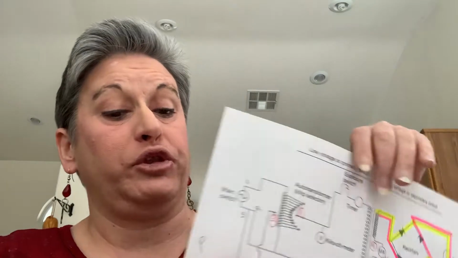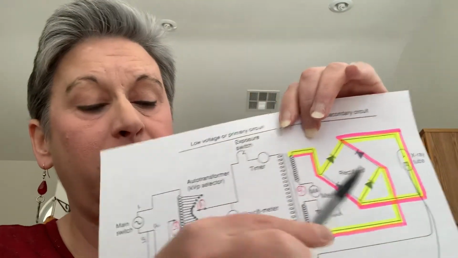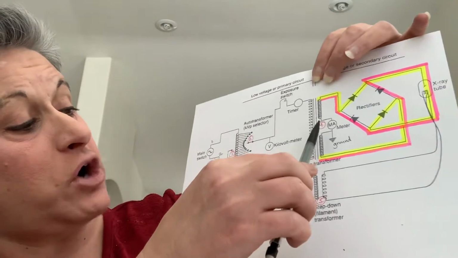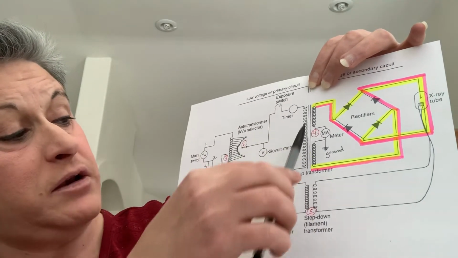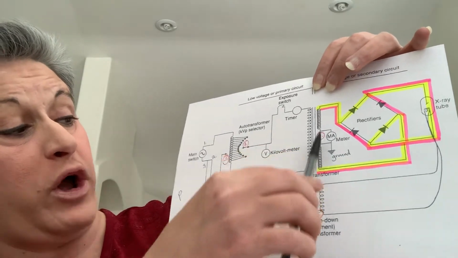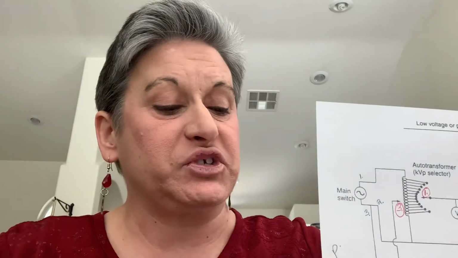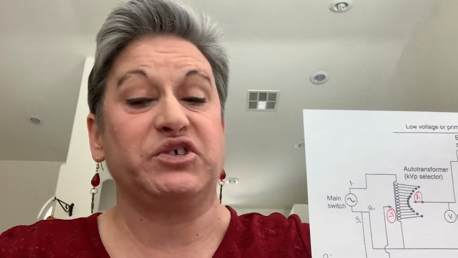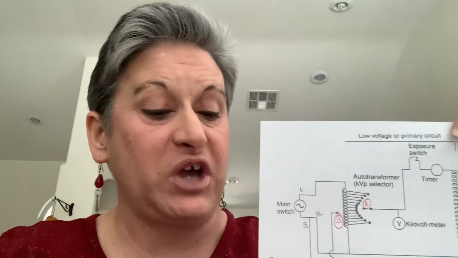So going from the low voltage side to the high voltage side, if you look here, these are coils on the low side and here on the high voltage side. You can see that there are more coils on the high voltage side, and that means that it raises the voltage as you go from the low voltage side to the high voltage side.